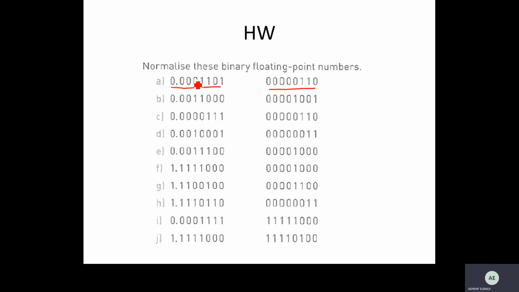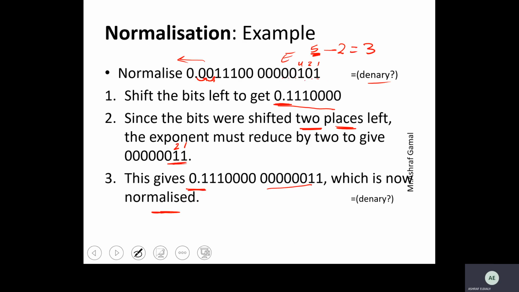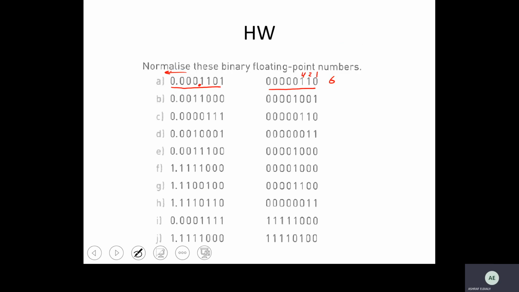That means we need to shift the binary digits 3 places to the left. Since this value is 2 plus 4, this is 6. As we did previously, we need to reduce the value of the exponent by 3.